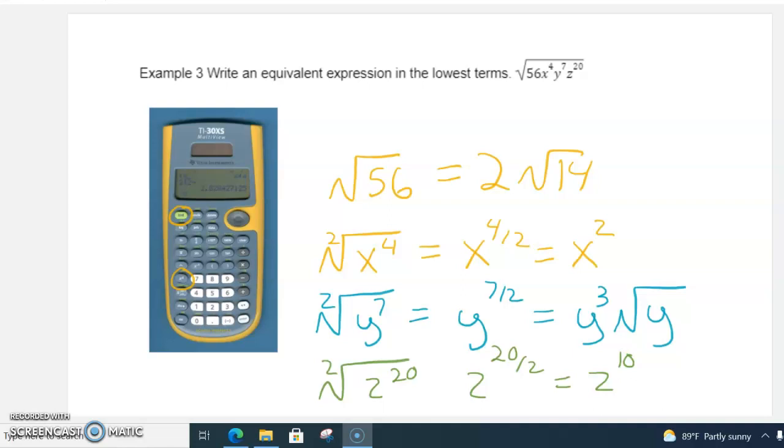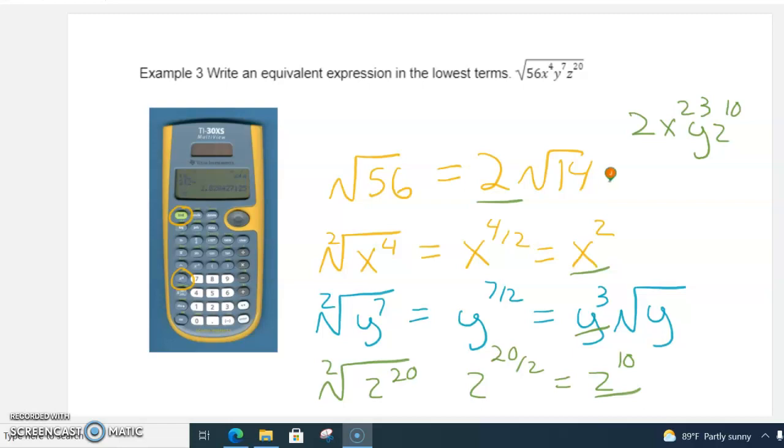So everything on the outside of the radical is going to go together, and everything on the inside is going to go together. I have a 2, so that's going to be on the outside. I have an x squared, that's going to be on the outside. I have a y to the 3rd power, that's going to be on the outside. And I also have a z to the 10th, that's going to be on the outside. Okay, and I'm going to write this a little bit lower so I can fit it all in.